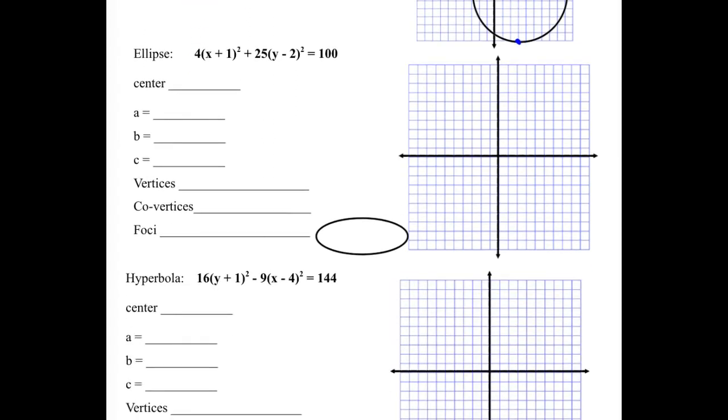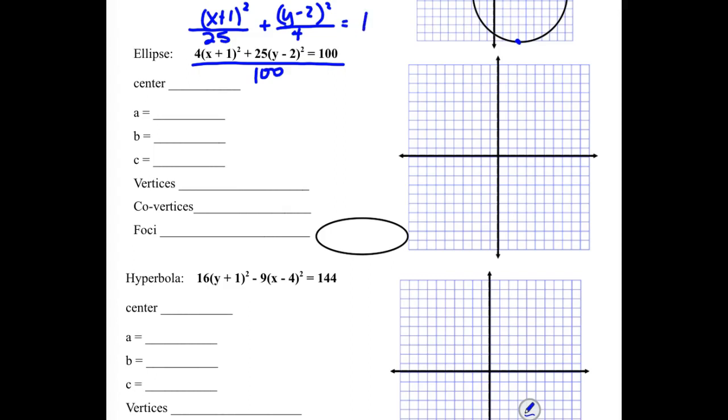All right. Second one, it says it's an ellipse. What do we have to do to get started on this one? Divide off 100. Yes. If we divide everything by 100, we end up with (x plus 1) quantity squared divided by 25 plus (y minus 2) quantity squared divided by 4.